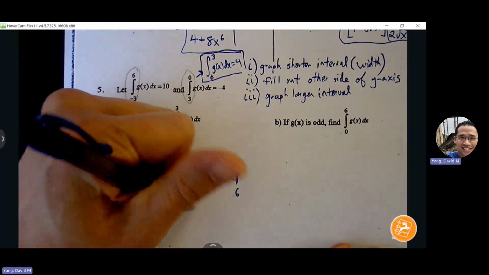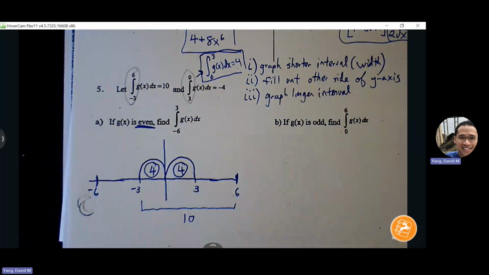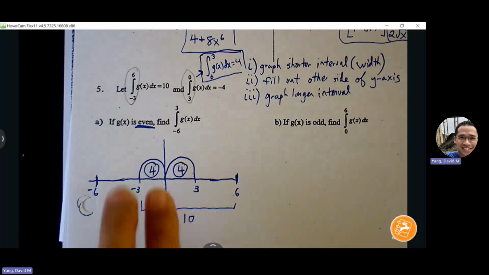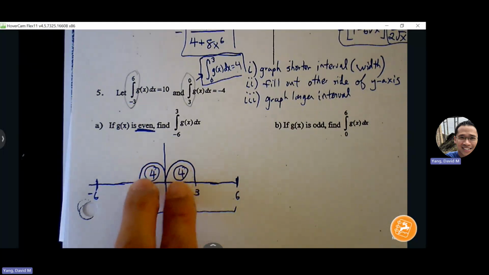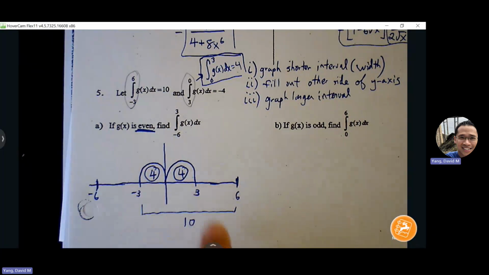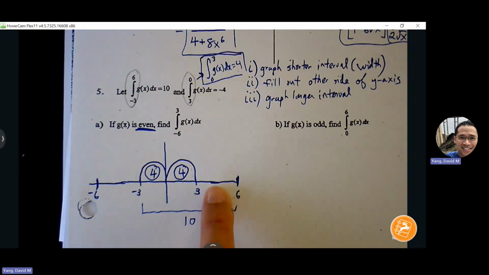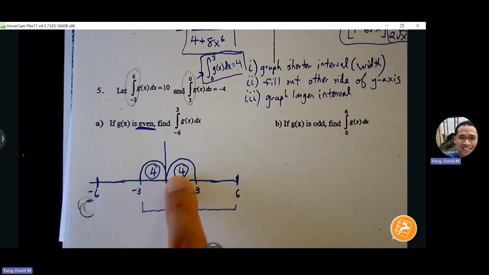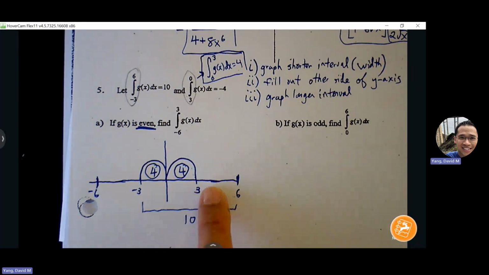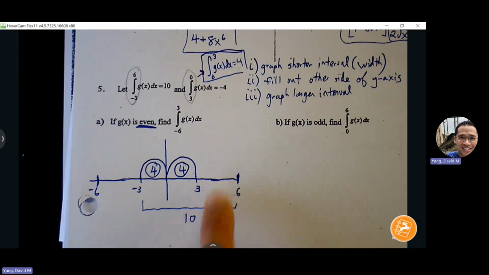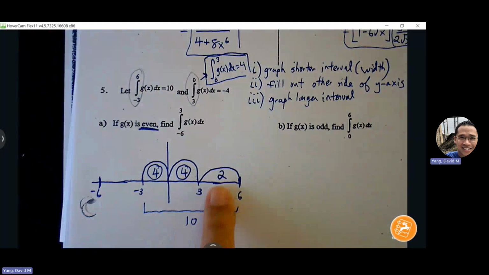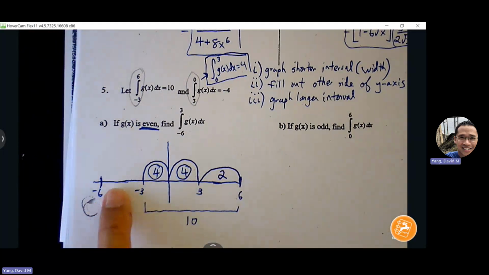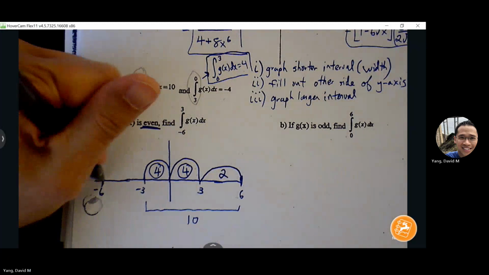So I'm going to just put to the side that I need all this to add up to be 10. Right. So I don't want to be adding to this portion. This portion is already set. We don't want to be changing anything about this region. What we want to do is figure out what the missing region is going to be. So if this is 8 and it adds up to be 10, this region must be what? 2. Must be 2. And if this side is 2, then this side is what? Also 2.